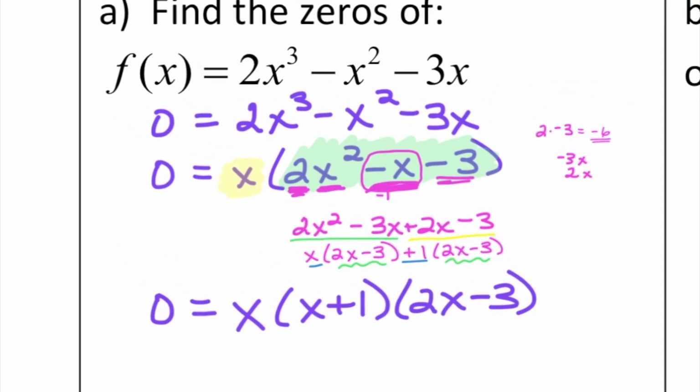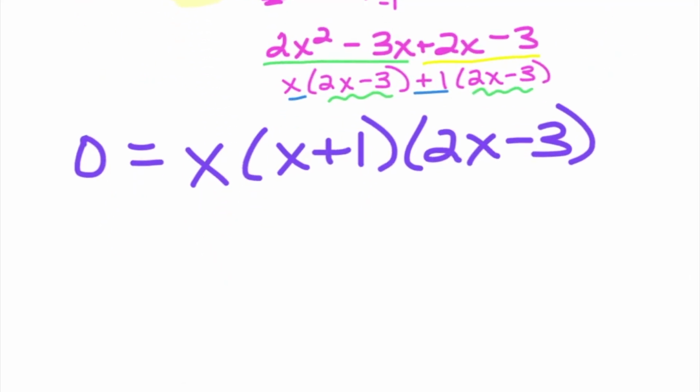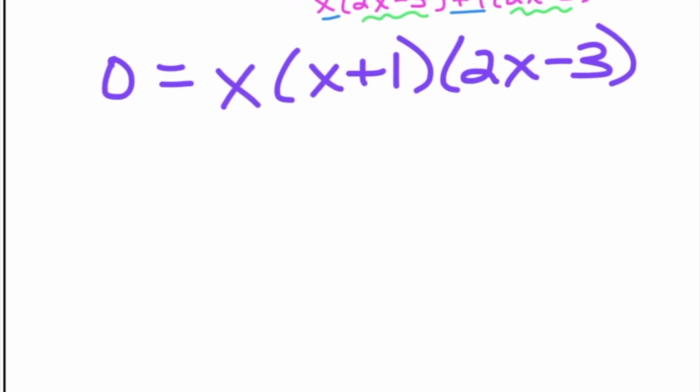So now I have a multiplication problem equal to 0, and I'm going to set each of those pieces equal to 0. Do you see that we have three pieces? We have the x, and we have the x plus 1, and we have the 2x minus 3. I'm going to take each of those three things and set them equal to 0.